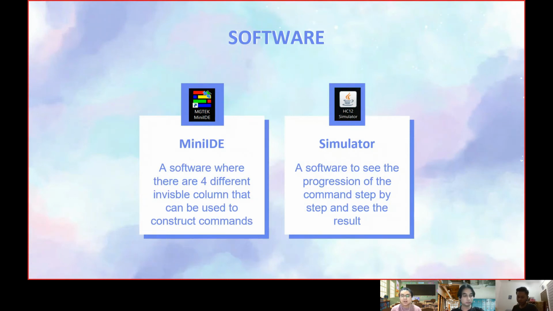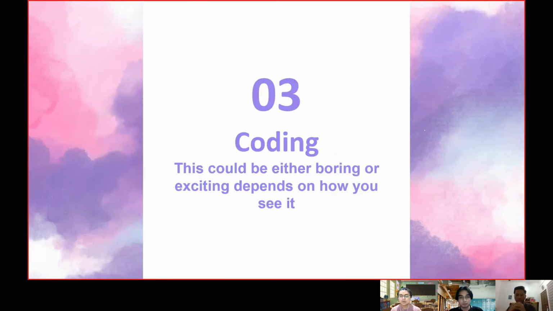Then the coding that we put in the Mini IDE, we run in the simulator, so we get the value stored at the specific address. You can differentiate between the columns by pressing either tab or space bar, but I prefer tab because you can see it much more clearly and it is much easier to read. Okay, moving on.